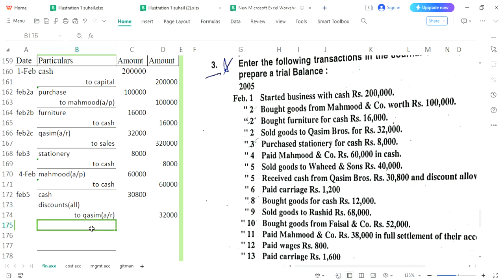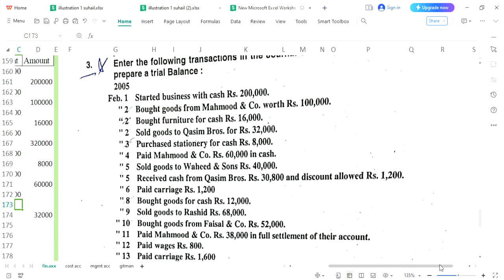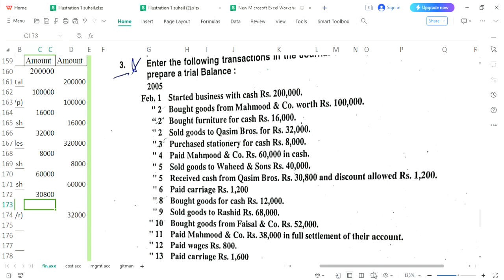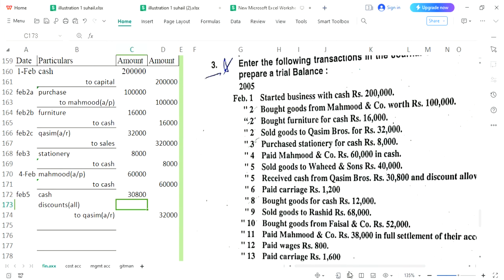So we have aligned: cash is debit, discount is debit, and Qasim is credit. Now how much amount will you put over here for discount allowed? Check it out. It was mentioned that 1200 is the discount allowed amount, so we will put the same amount on the debit of discount.